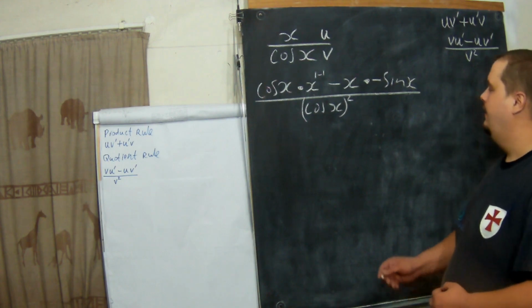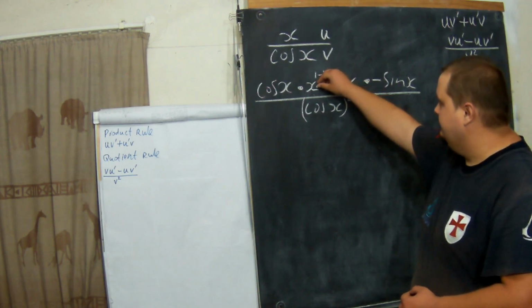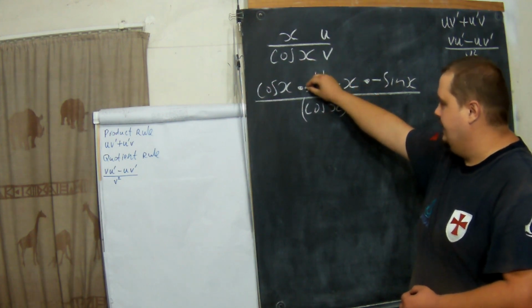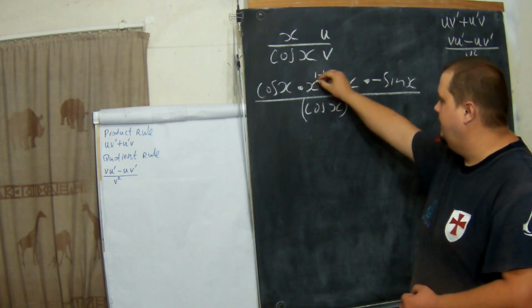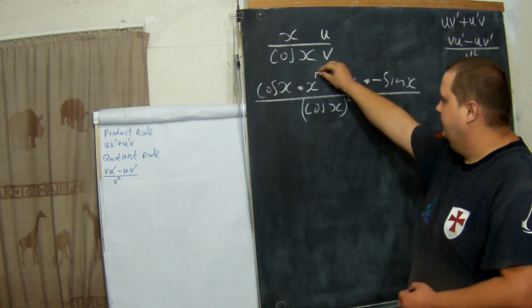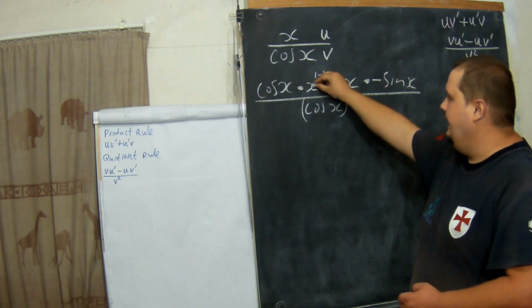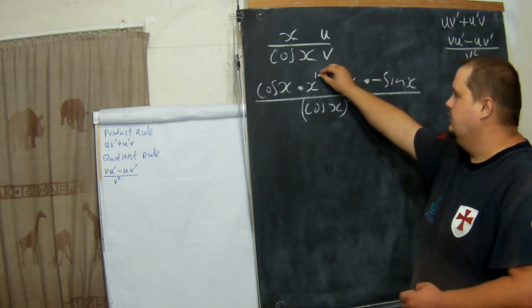Alright, now what we need to say is, what is the derivative of x? The derivative of x is 1 times x, which is 1x, and then the exponent is 1 minus 1, which is 0. So x to the power 0 is just 1.